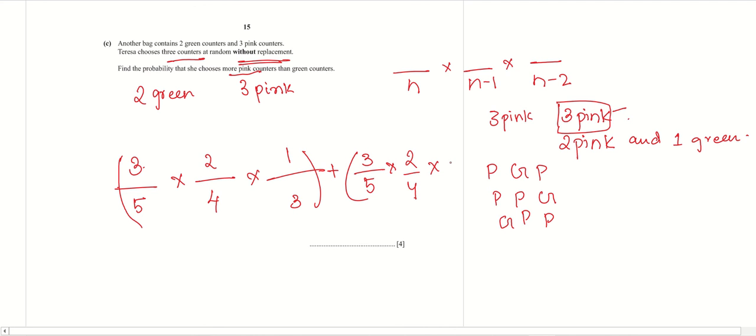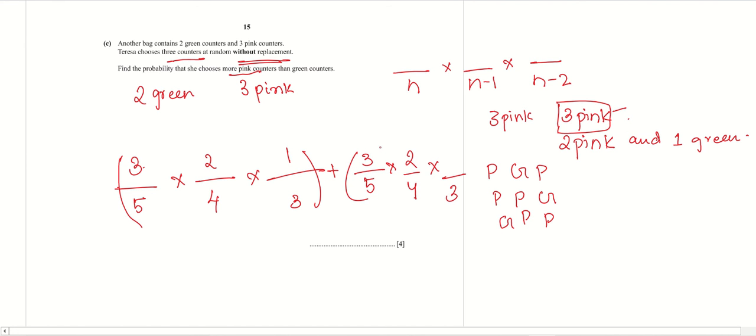So that's something you have to be extremely careful about. Then the number of pink counters, because she has to choose. Now you have to be very careful. She already chose 1 pink and she hasn't replaced it, so now it's not going to be 3 out of 3.